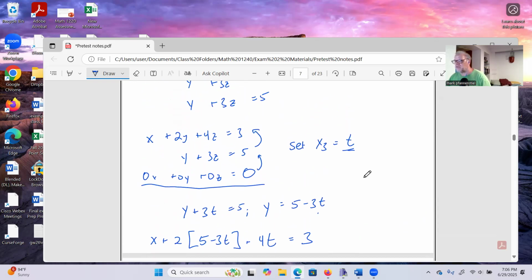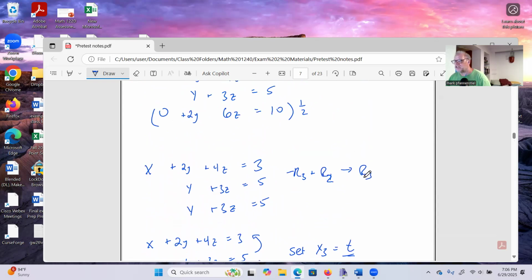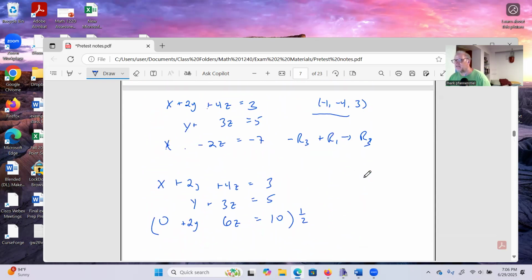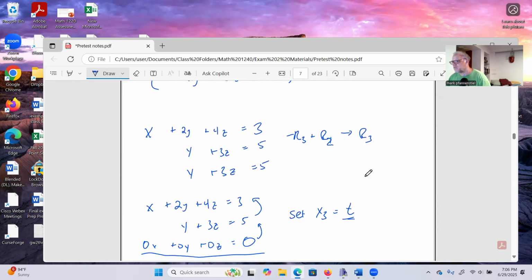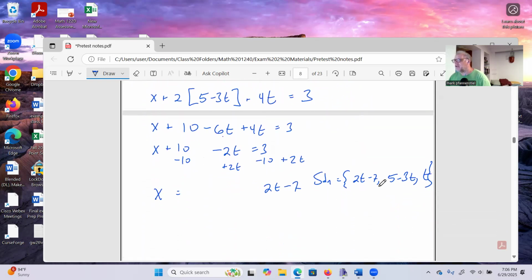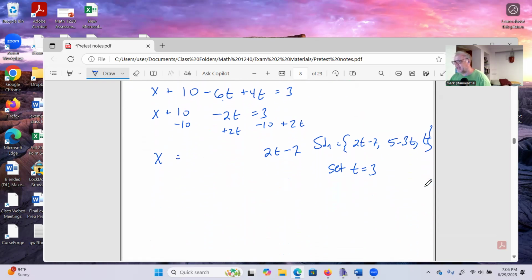What numbers were we supposed to check? We were supposed to check to see if, up back here, -1, -4, and 3 was actually going to work out. I'm going to go out on a limb here. I'm going to say set t equal to 3, and let's see what happens. So if I have my solution here when t is equal to 3, we have 2 times 3 minus 7.